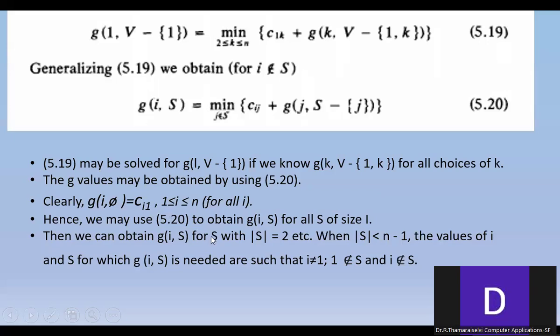Then we can obtain g(i, S) for S with size 2, considering the edges from the starting vertex to the next vertex. Then we consider size 3, size 4, and so on, for S such that i is not equal to 1, 1 does not belong to S, and i does not belong to S.